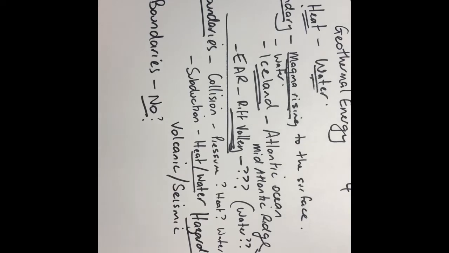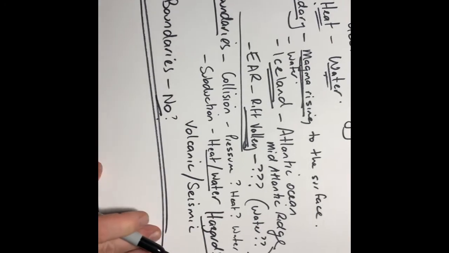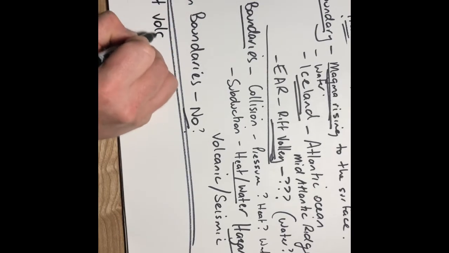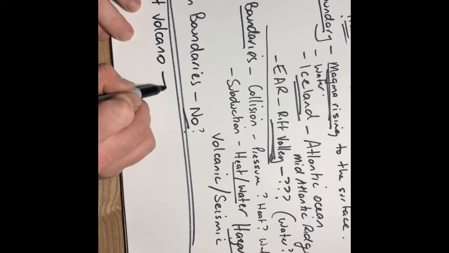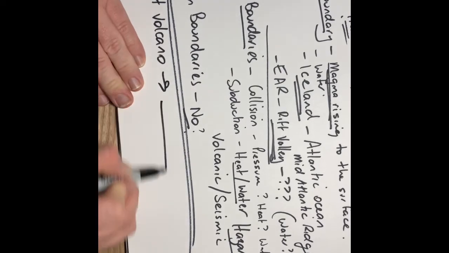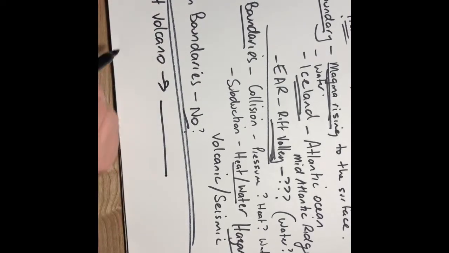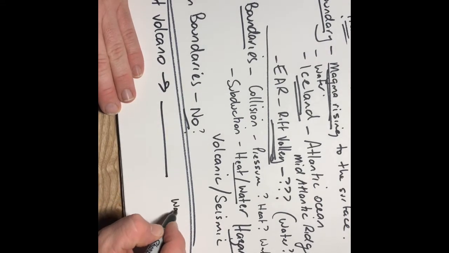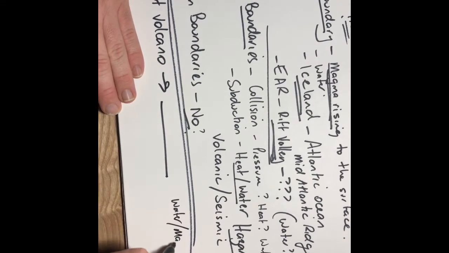If we think about some other locations that aren't necessarily tectonic, you might also say a hot spot. And our most famous hotspot volcano is, I'm going to let you fill that one in there. So there's a location that is close to water and magma.